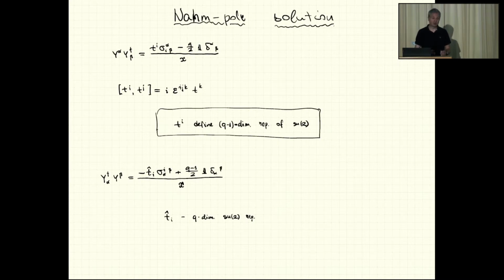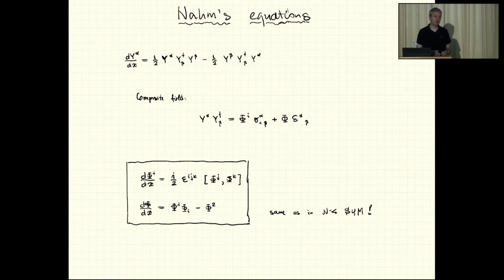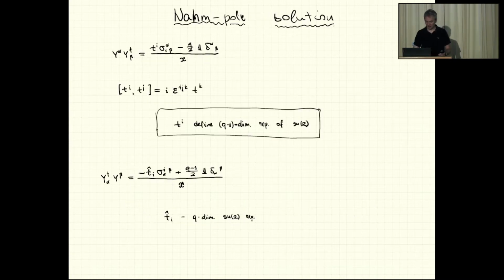So the simplest solution is, well, these equations don't have smooth solutions. They have to have poles in x. And the simplest solution has just a single pole. So the fields simply decay as 1 over x and go to infinity at the position of the domain wall. Then for the coefficients, we get just algebraic equations.